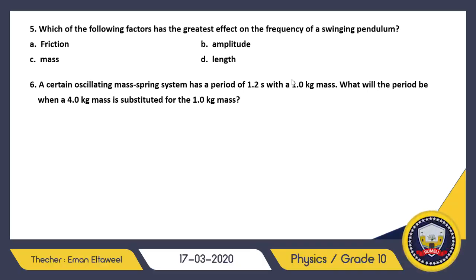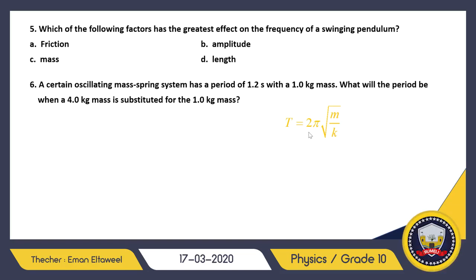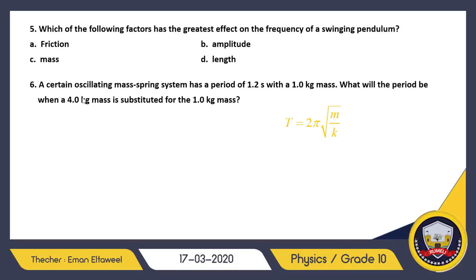Just substitute 1 kilogram with 4 kilogram, it will be 4 times the original one. What happens to the period? First of all, we are going to use this formula: T equals 2 pi square root of M/K. M was 1 kilogram, then it becomes 4.